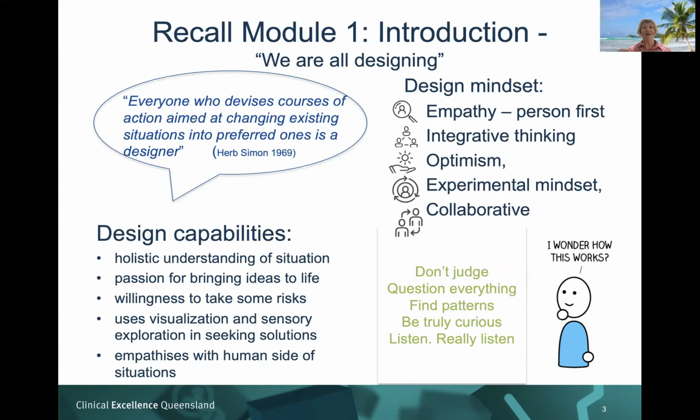And we really want to come to such situations very much from a beginner's mindset. Thinking, okay, I wonder what's actually happening here. Questioning, finding patterns, really being very curious about what is happening and why, and what might be the triggers and what are the consequences. But to do this with this design mindset, thinking first around about the person who's really in the center of this. What are their needs? What are their feelings? What are their sources of pain and sources of gain?